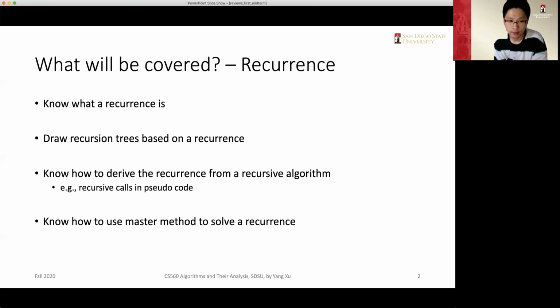And for the master theorem, you need to know how to use it to solve a recurrence, but you don't need to know how to prove it. So that's about the recurrence.